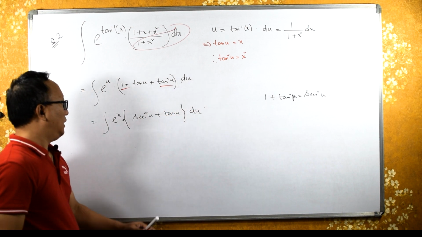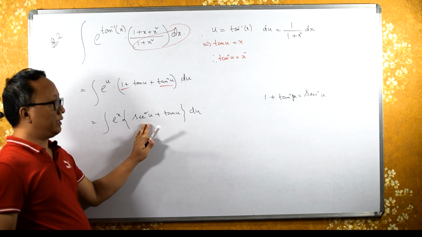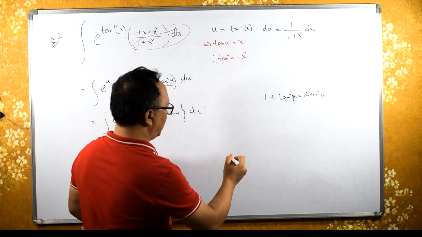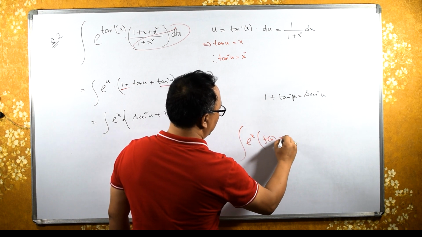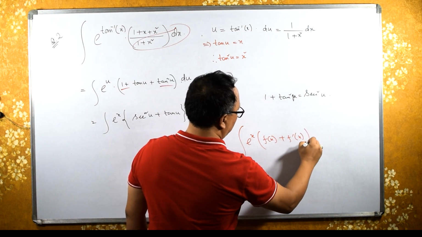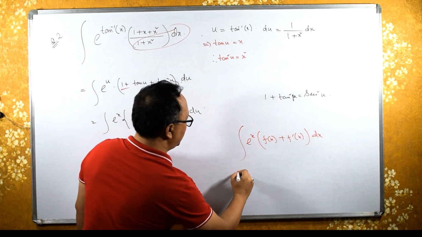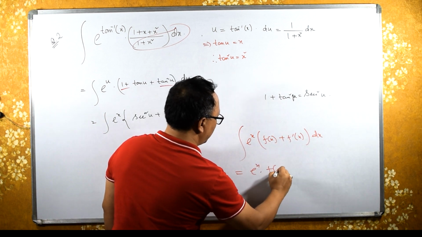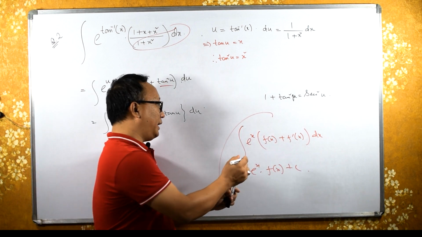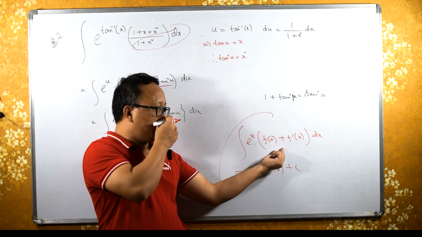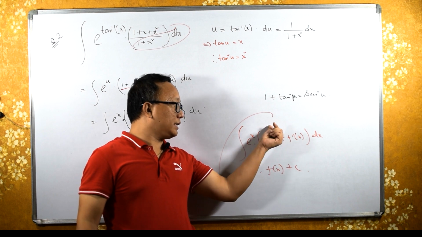Okay, now differentiation of tan is what? Sec square. Okay, now we have this formula. Remember, integral e raised to x into (f of x plus f dash x) dx is the same as e raised to x into f of x plus c. Meaning I have e raised to x into some function plus that function's derivative.